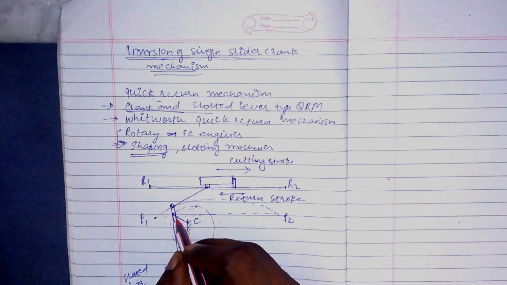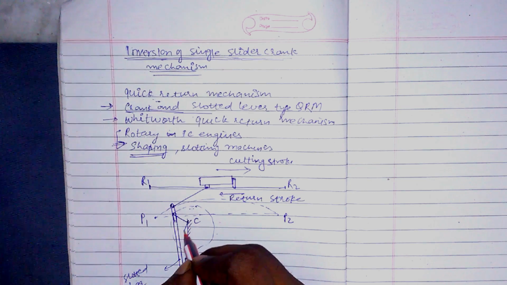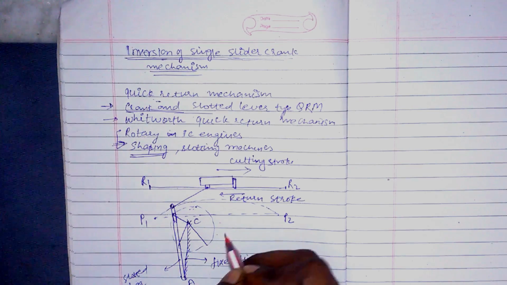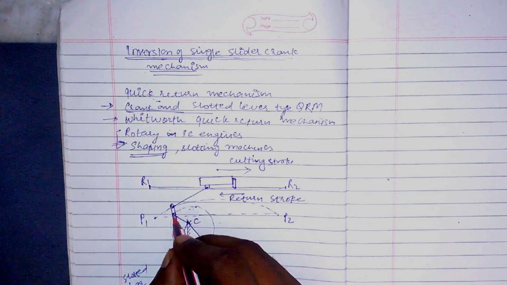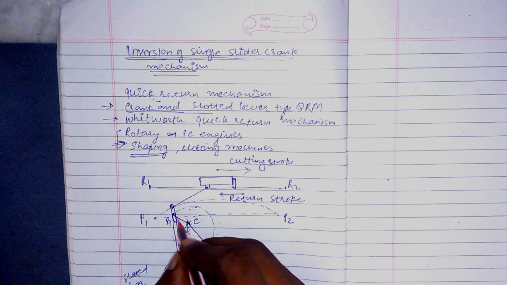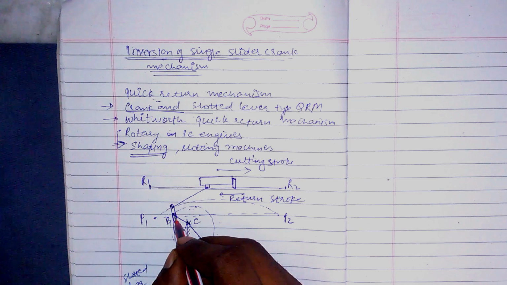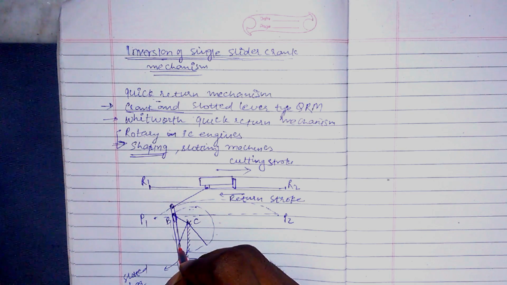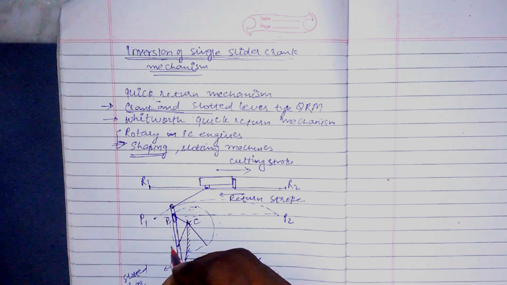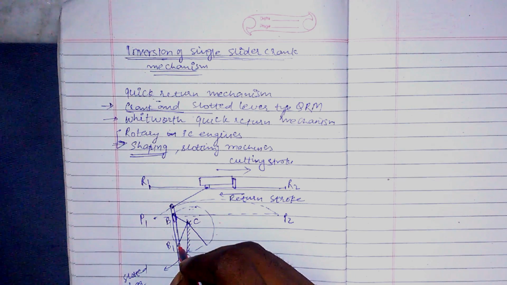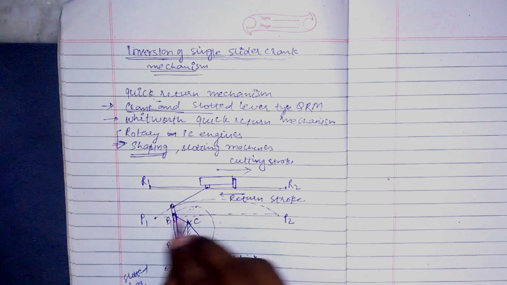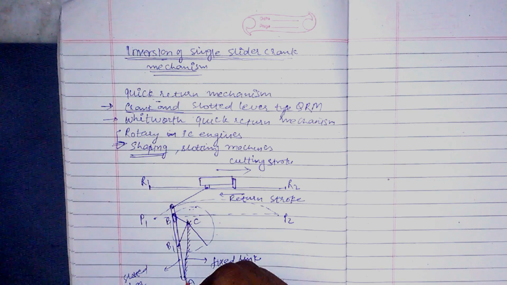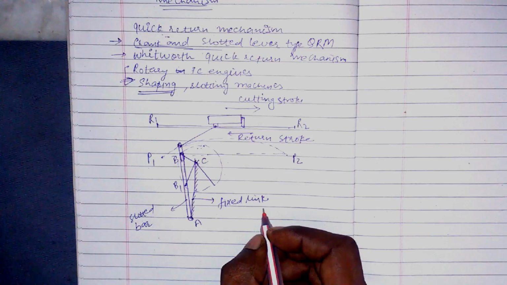Now when it moves from this position, this is the point B. When it slides downward, it will attain this position, say B1, and when it moves forward like this, it will reciprocate over here about this fixed point A. This is hinged over here.